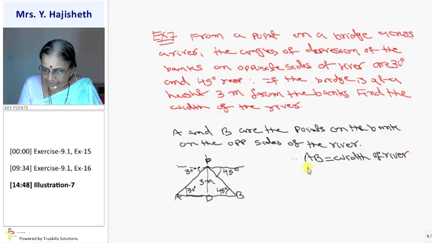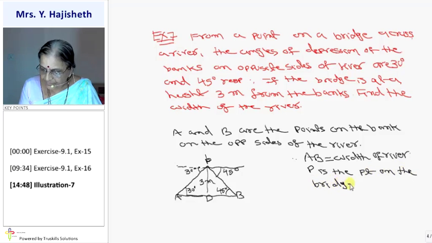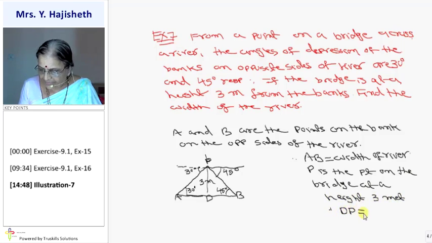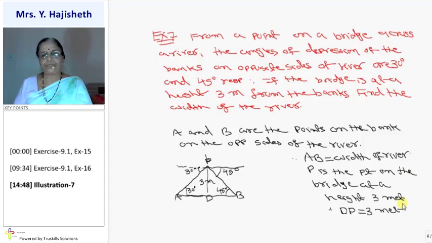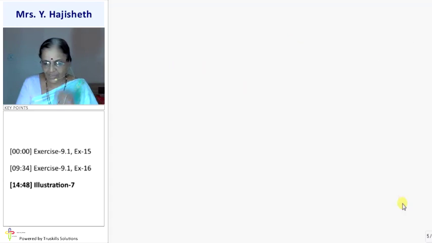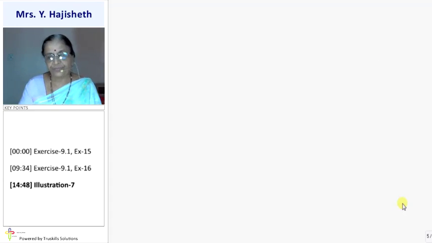And P is a point on the bridge. At a height, I have written the introduction of this sum in mathematical form. Therefore, PD is 3 meter. Clear? I have written the sum in a mathematical form. Now I start writing the solution.